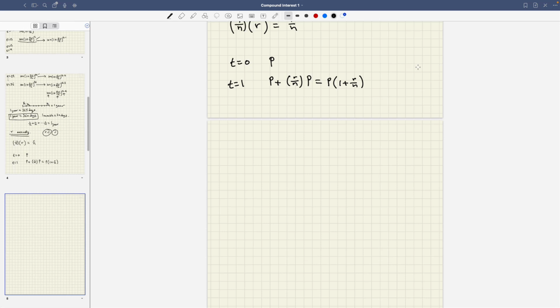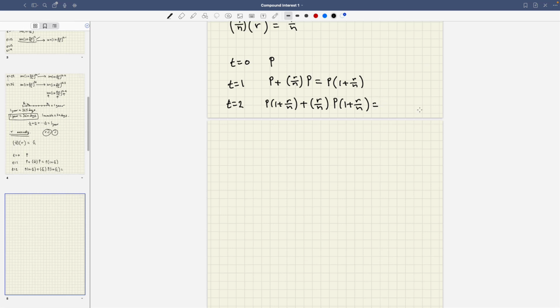Now, obviously, after the second compounding, your investment has increased by this amount. That's the new amount that you have. However, after the second compounding, we're going to add interest, which is not changing, to that amount. And so we can factor this out.